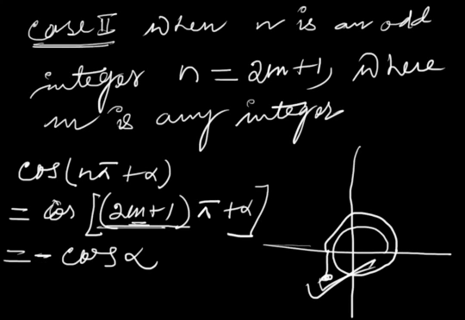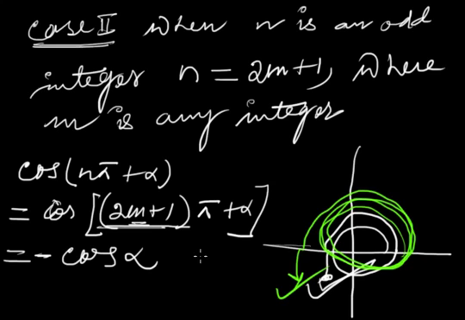So, we consider another value of m. Suppose m is 3, then this one is 7π. 7π means here 2π, 4π, 6π and then 7π and then plus α.